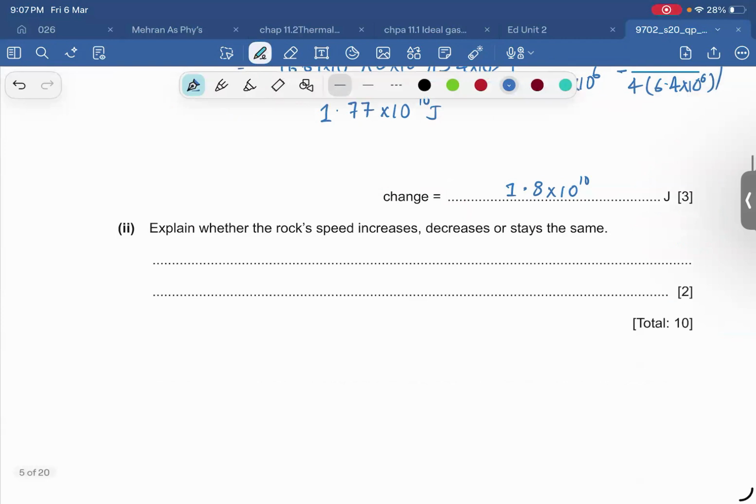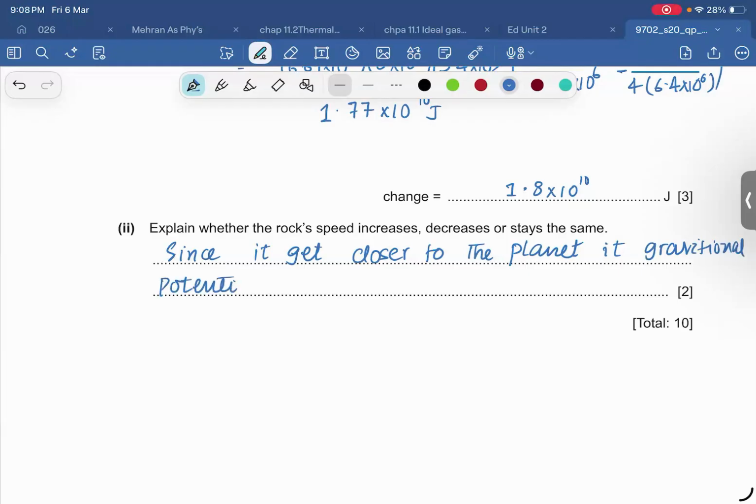So we can say that since it gets closer to the planet, its gravitational potential energy is converted into kinetic energy.